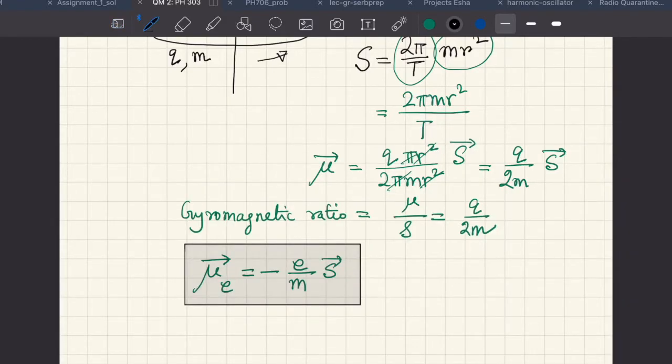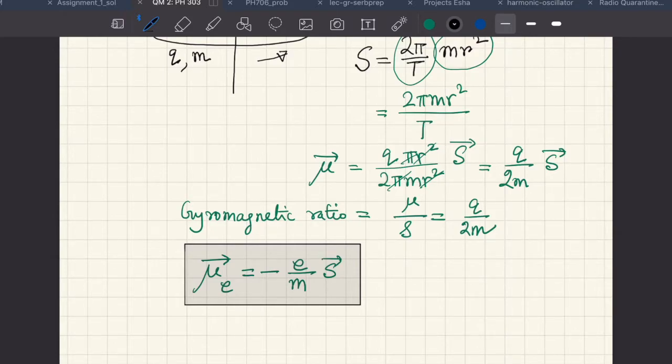This extra factor of 2 was explained by Dirac in his relativistic theory of the electron, and of course we are not going to give the explanation here because it's beyond our reach.